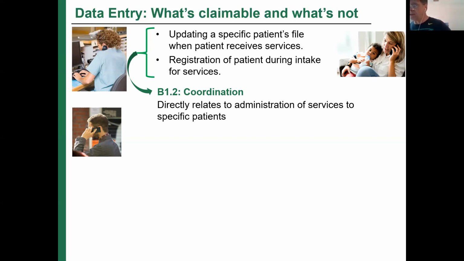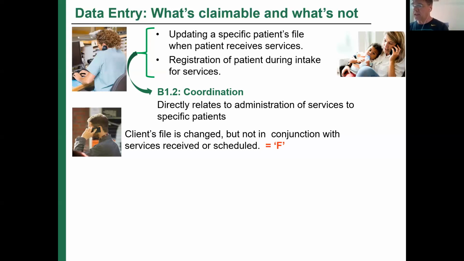It was a part of the process of her actually getting connected to those services. Tom, although a current patient of the clinic staff, is neither receiving services that day nor getting scheduled for services at a later date. He is just calling in to have his file updated. The activity is not connected to the client's actually getting connected to services, and so it is not claimable.